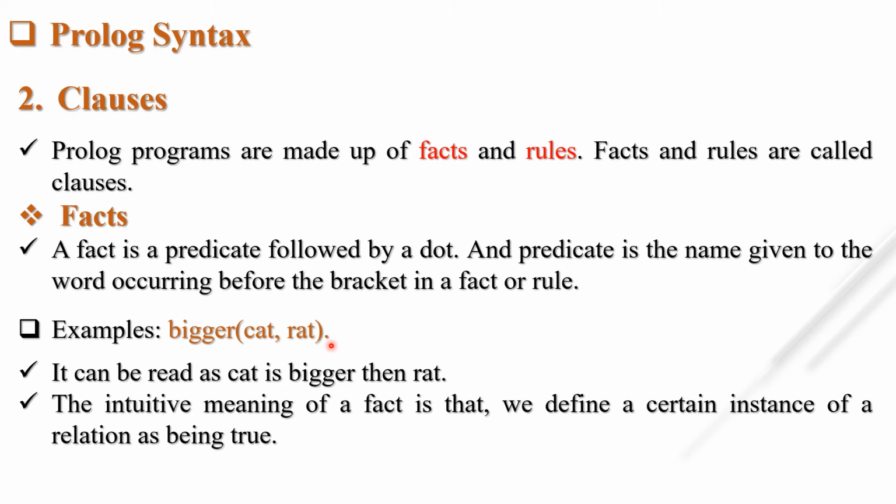We have to put a dot. This functor is also known as a predicate. A predicate is the name given to the word occurring before the opening bracket, whichever name we are giving as an atom.